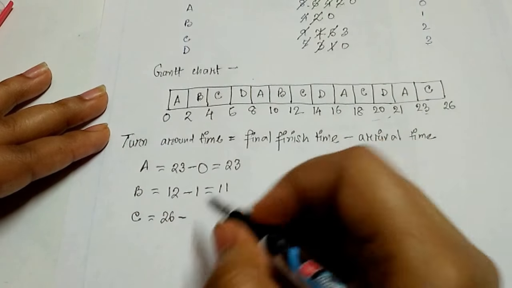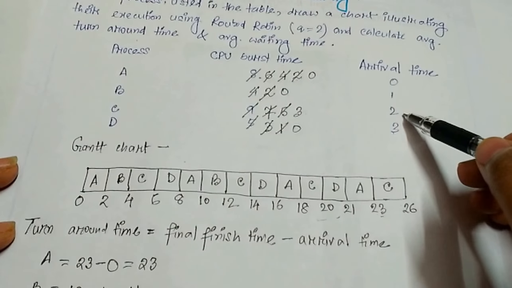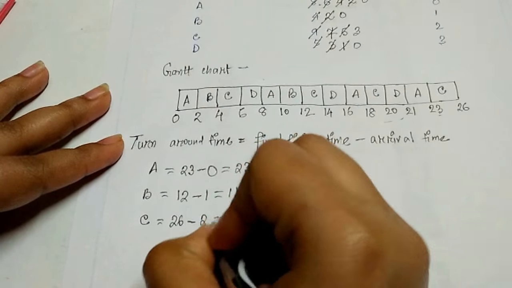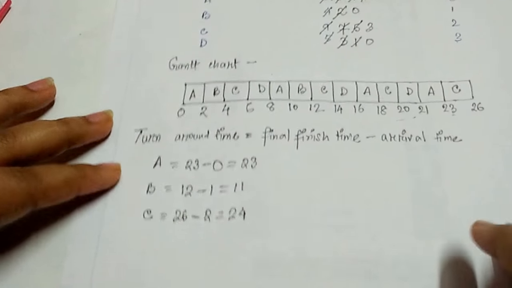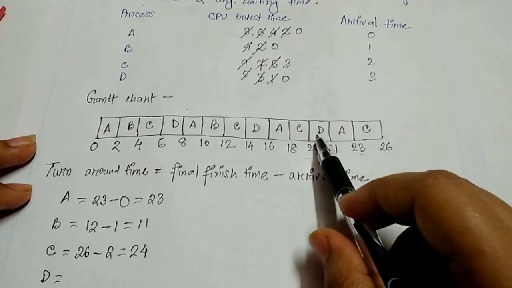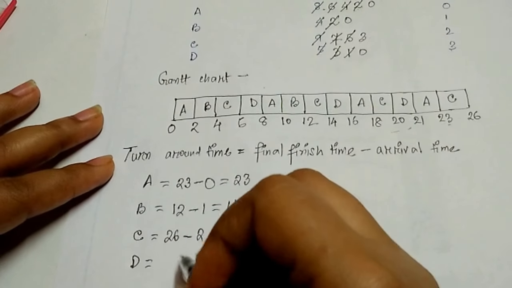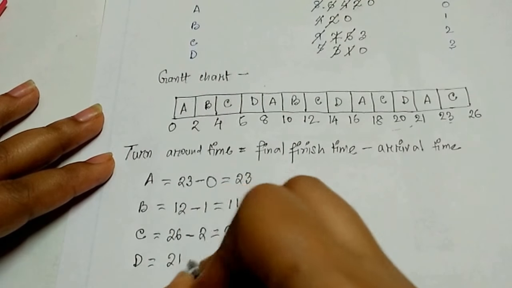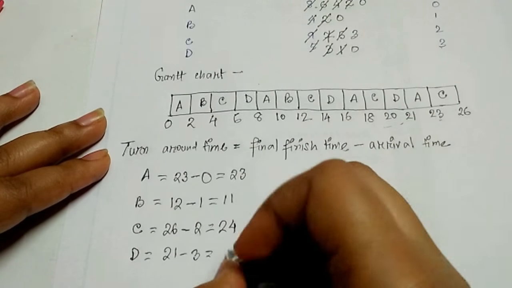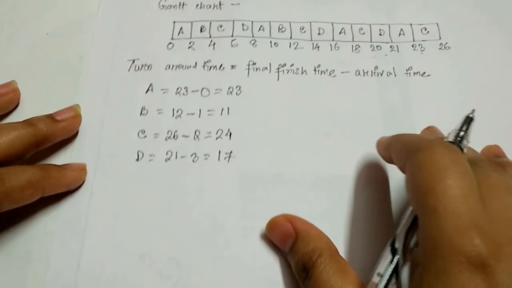We should always check the last finish time of the process. 26 minus the arrival time 2, that is 24. Now comes process D. For D, the final finish time is 21. 21 minus 3, 3 was the arrival time of D, that is 17.